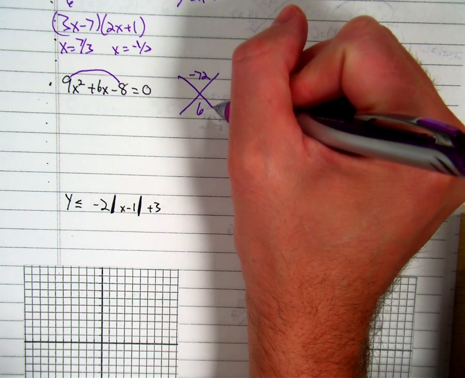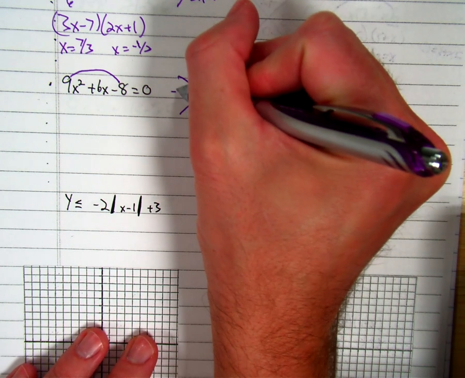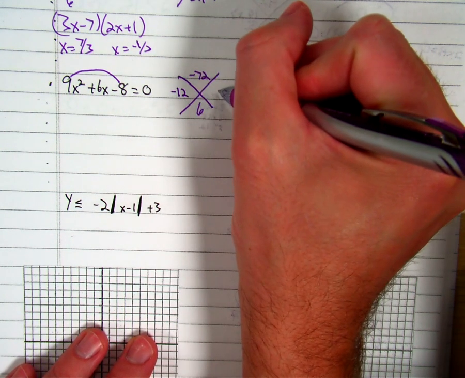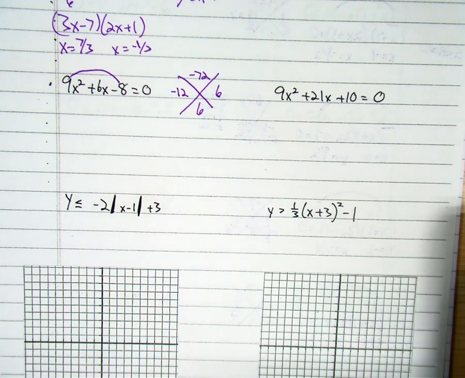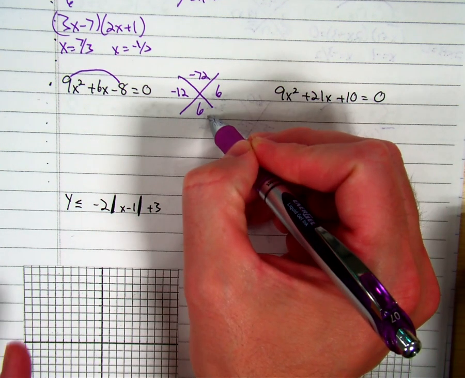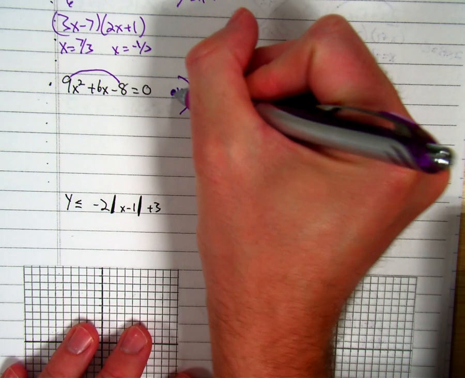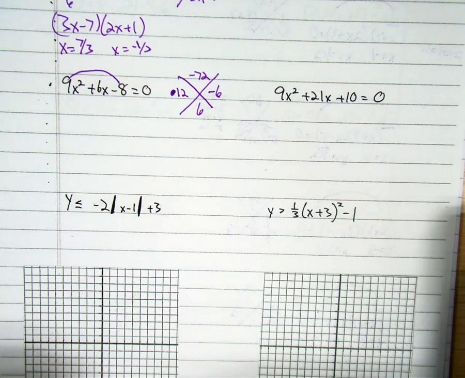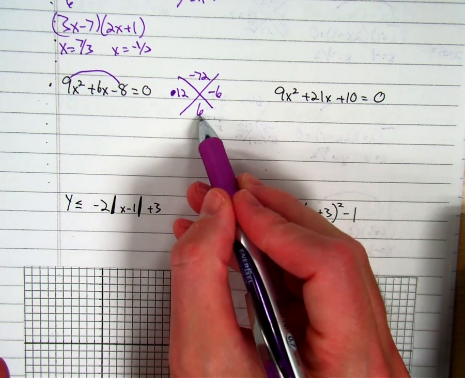I'm pretty sure we're going to have negative 12 times 6. Negative 12 times 6 is going to be negative 72. If I add these together, oh, that's going to be a negative 6. So we need to scratch that and flip it. Negative 6, positive 12. Got to add to positive 6. There we go.